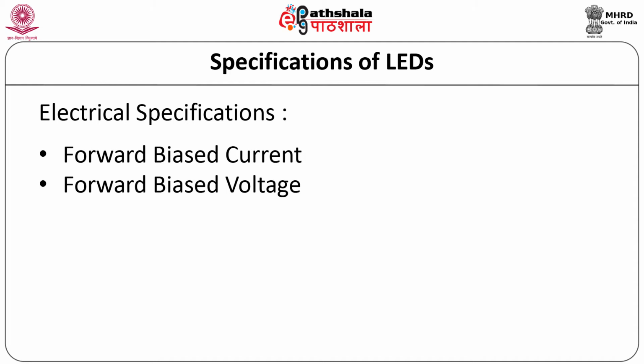Since an LED is basically a diode, forward bias voltage and forward current are two important parameters. Low power LEDs are capable of driving forward current up to 100 mA, while power LEDs can have forward current as high as 1 ampere. Typical forward voltage drop varies between 1.2 volt to 3 volt.